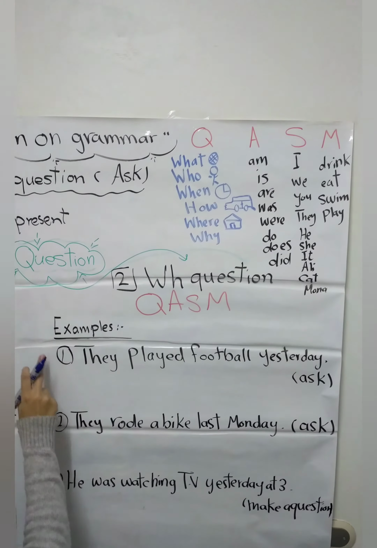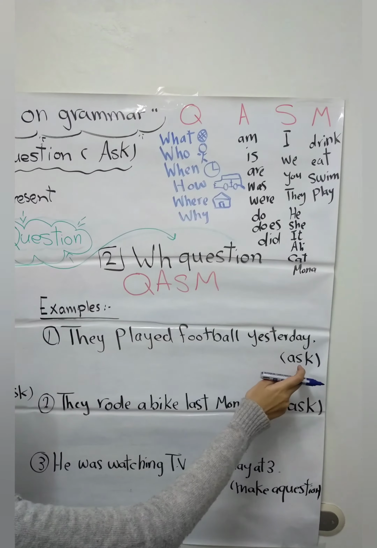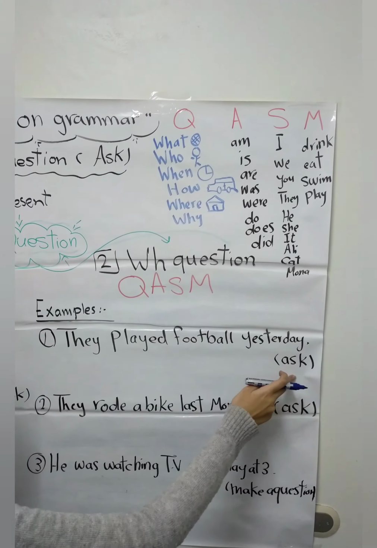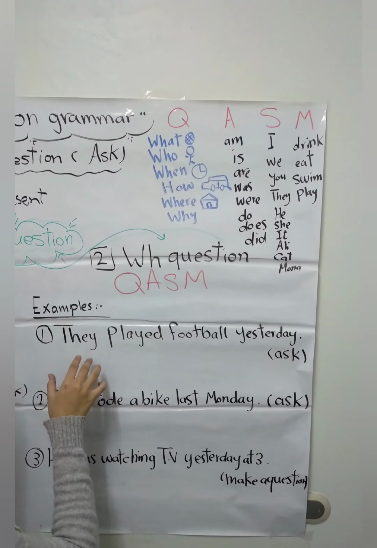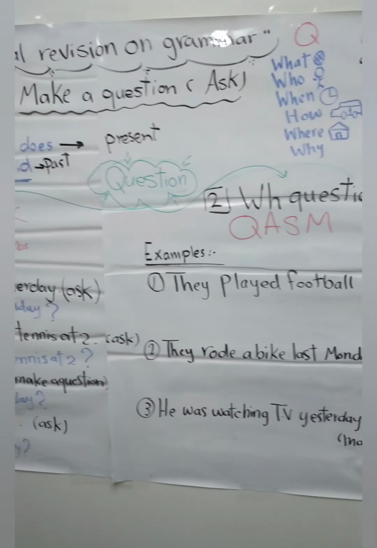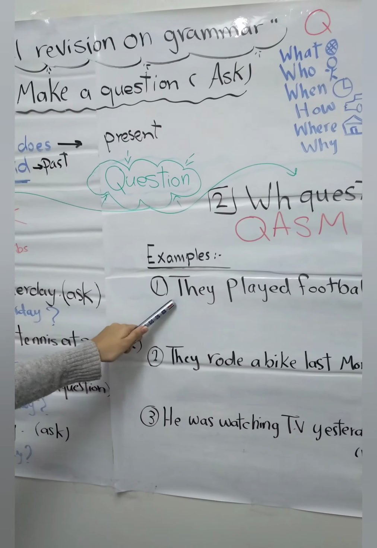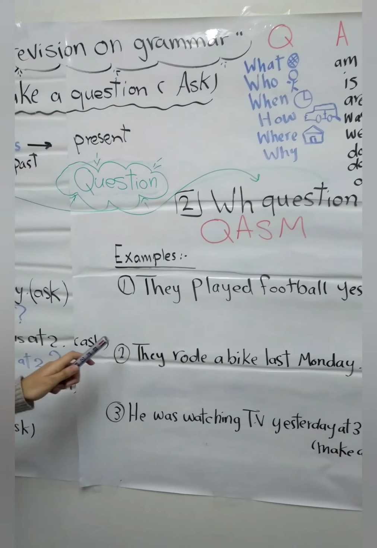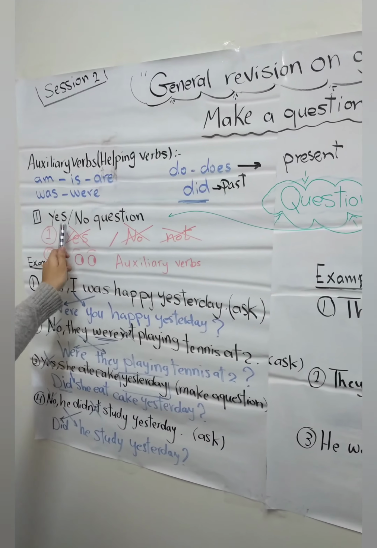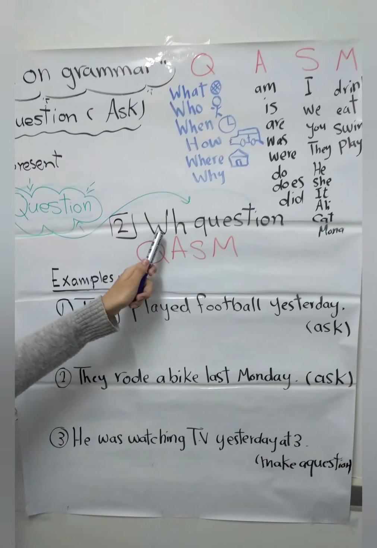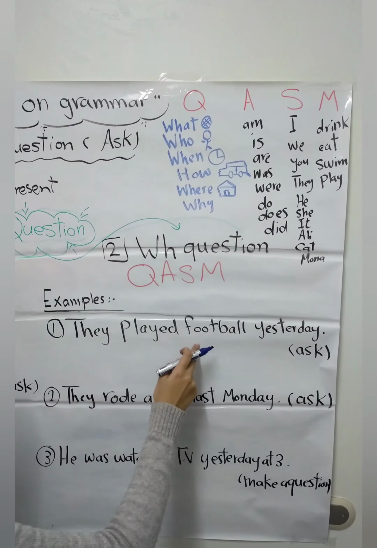Okay, next example. They played football yesterday. We want to make a question or ask. How didn't we put it in a yes or no question? Because it doesn't start with yes or no. How did we know, Junior, that it is not a yes or no question? Because it doesn't start with yes or no, so it's a WH question. So we ask about they played football yesterday.